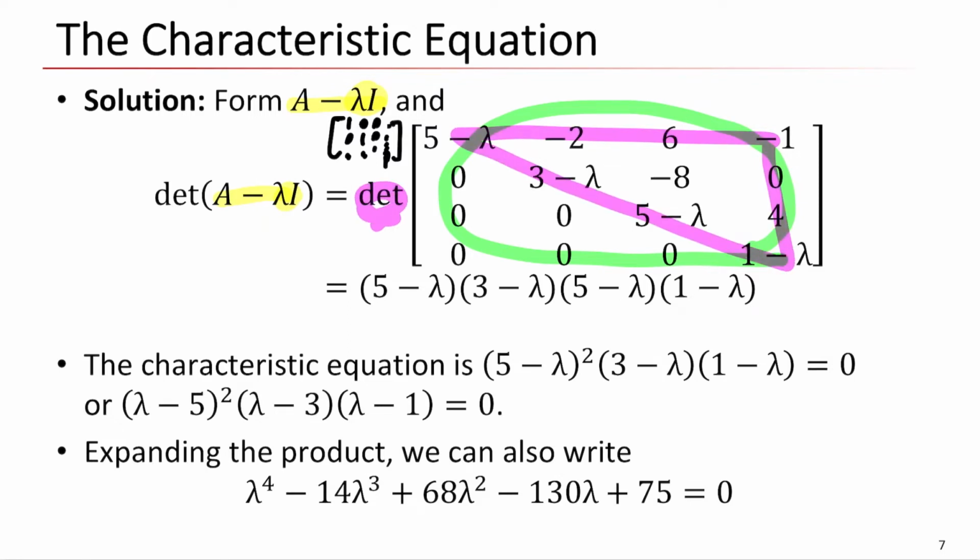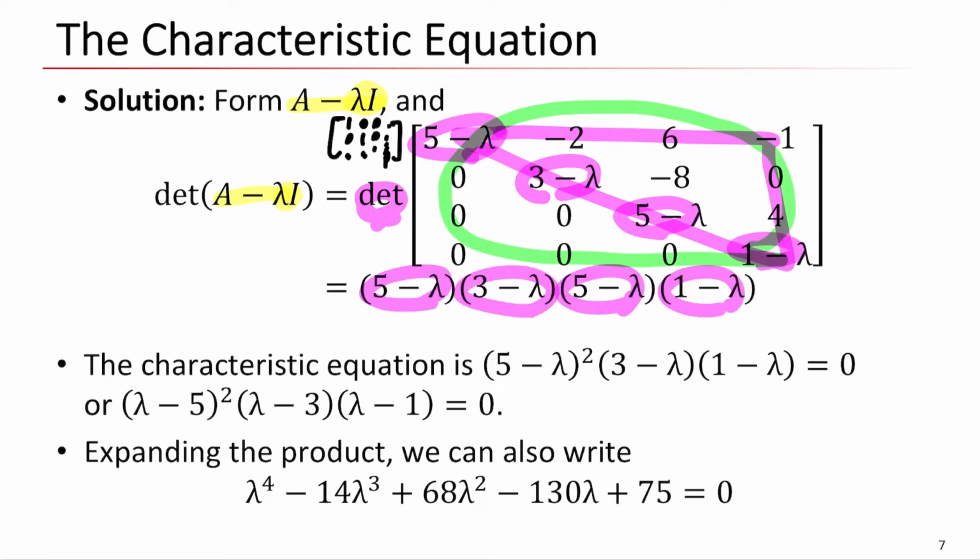So the determinant of this matrix will be the multiplication of the diagonal terms, right? So (5 minus lambda), (3 minus lambda), (5 minus lambda), (1 minus lambda). And then the characteristic equation is the determinant of A minus lambda I equal to 0, right?